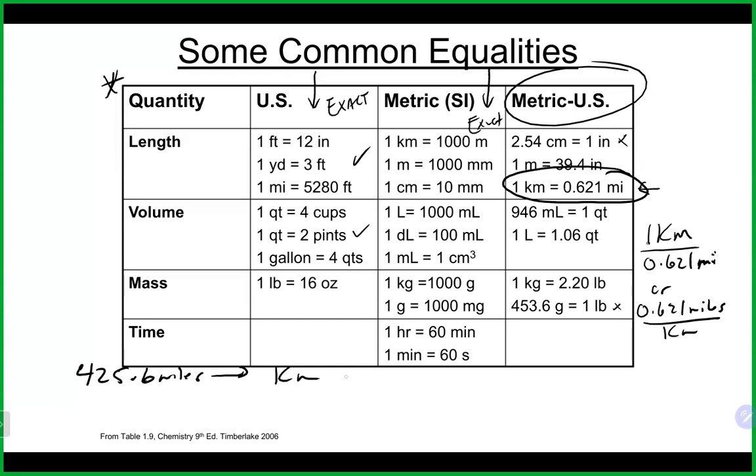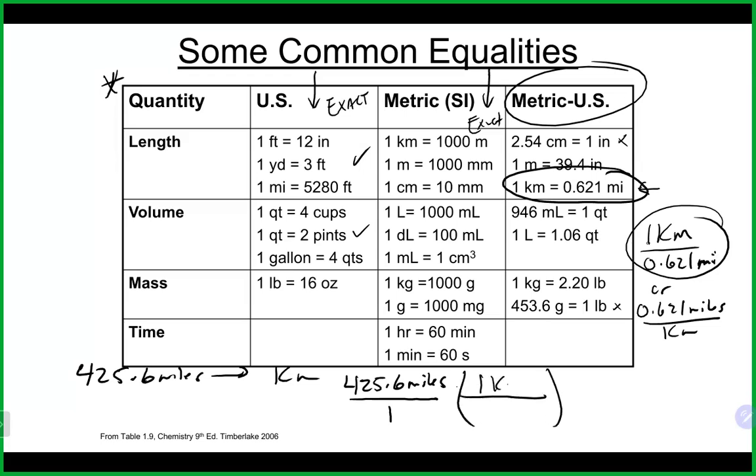So if we set this up, doing our dimensional analysis, which is how they want you to show your work, and you definitely should set it up that way, we can see miles are up on top, so that is going to give us miles on the bottom that we want to use. Again, we multiply what's on the top and divide by what's on the bottom.